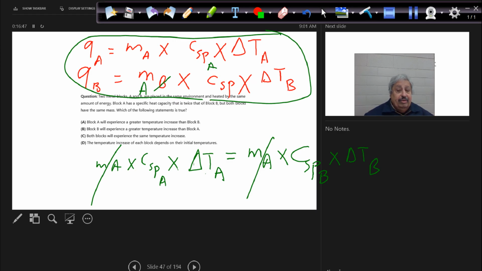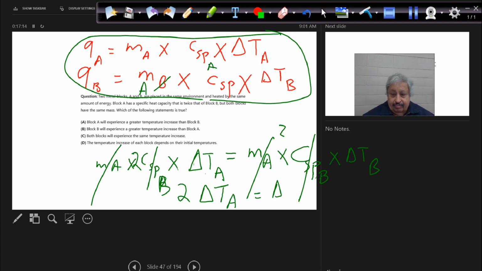What is the relationship between delta T A and delta T B? This one has a specific heat capacity twice, so this is 2. So this one out, this one out, but this one will be 2, correct? So that's the relationship, because A is twice B.